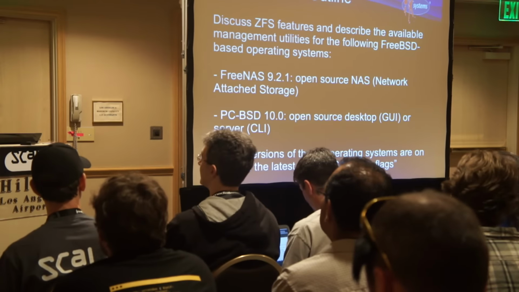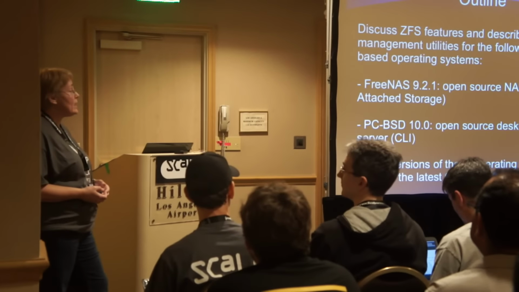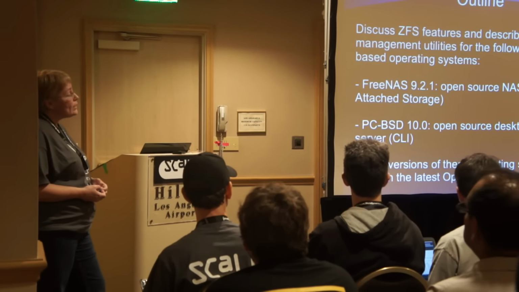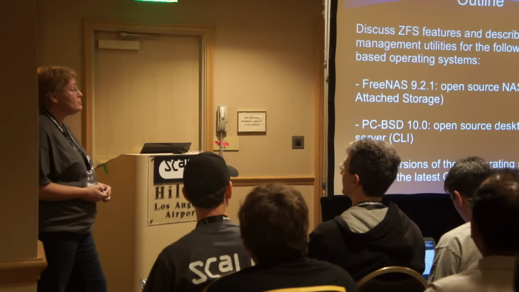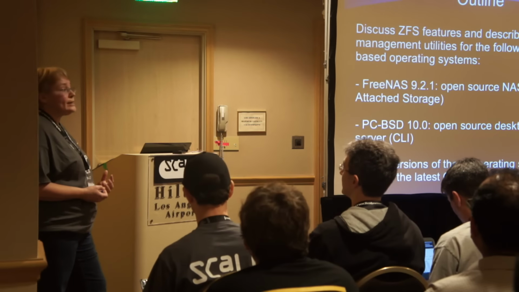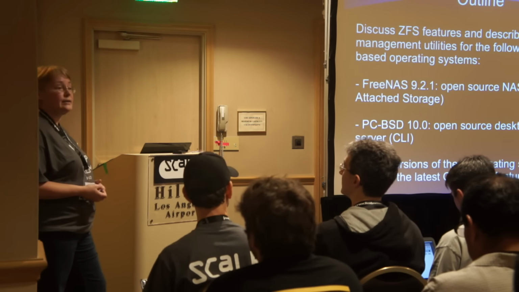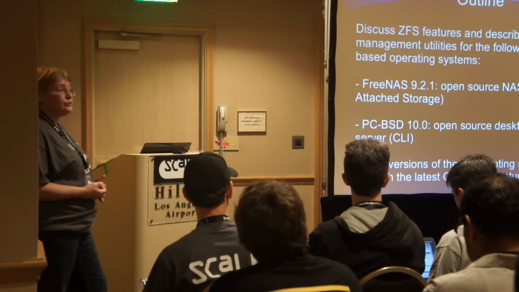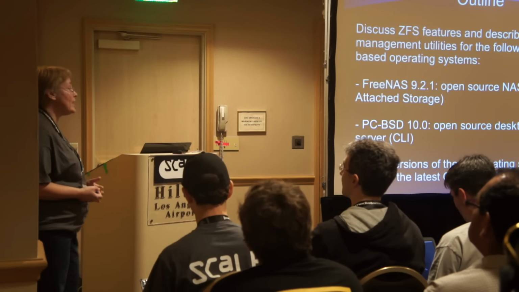We'll concentrate on the graphical tools in the latest release, which is 10.0. When I'm talking about ZFS in these particular operating systems, both of them are at the latest versions of ZFS, and we're going to talk a little bit about what that is. So if you see the term feature flags, they are at the most recent set of feature flags.